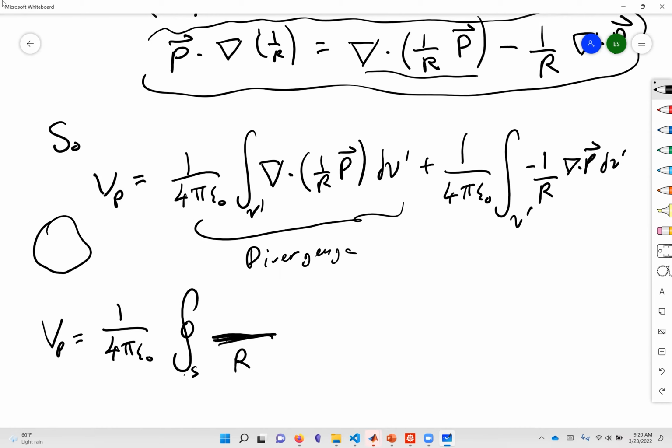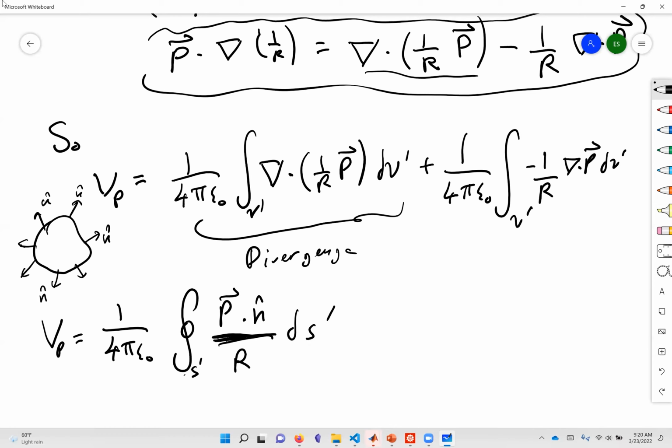So over the boundary, what only contributes to the integral is the normal component of the field at the boundary. So it's going to be P dot n hat dS prime. So here I'm integrating over the boundary.